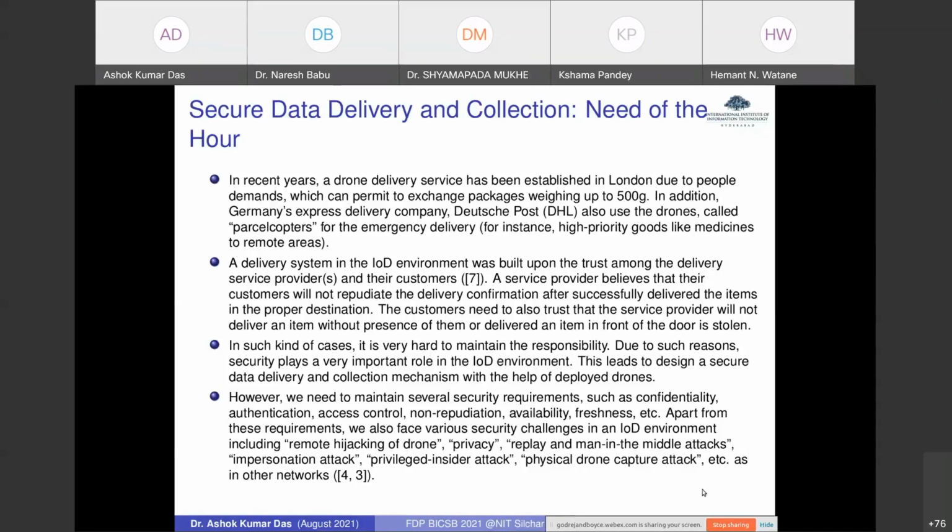For example, a drone can be physically compromised, and all the information stored in the drone's memory can be known to the attacker. The attacker can reuse those credentials to compromise other parts of the network using that drone information. Those kinds of attacks are very serious, and they should be handled carefully with the help of the designed protocol.